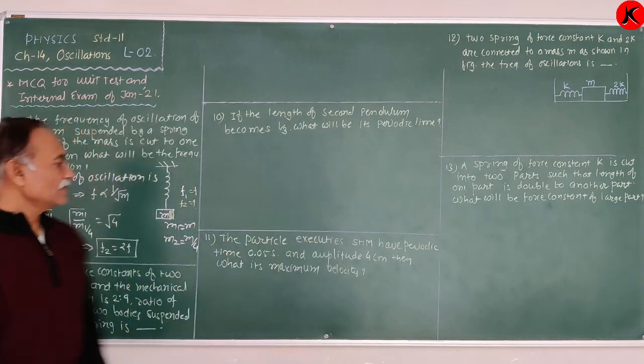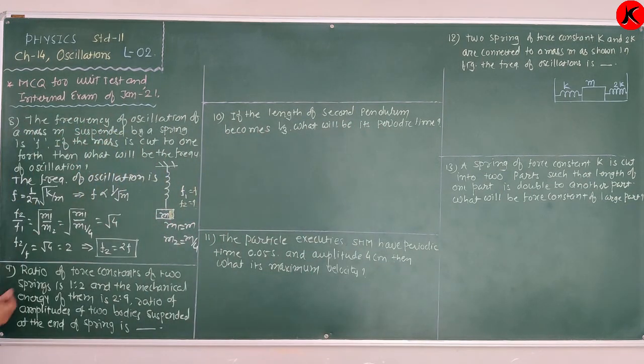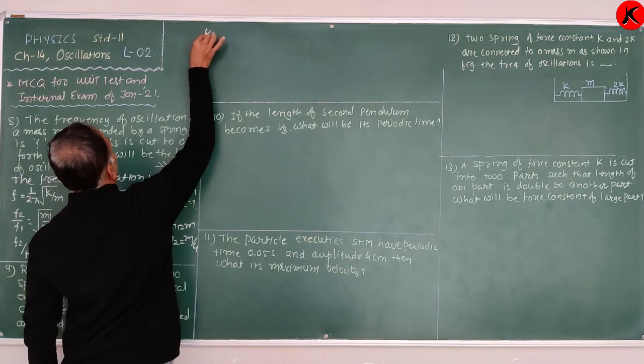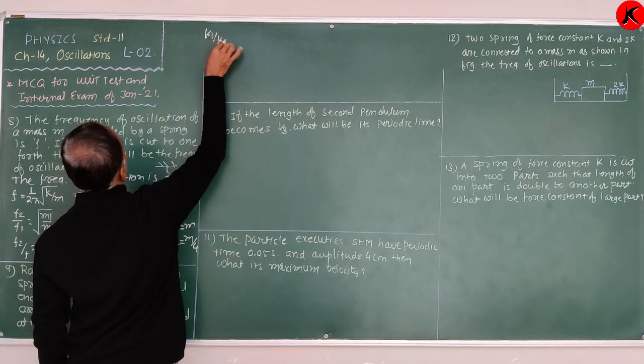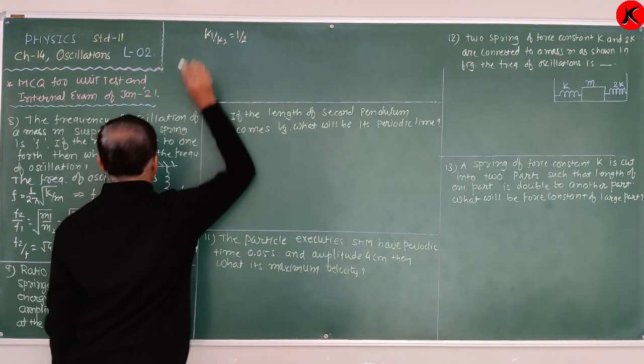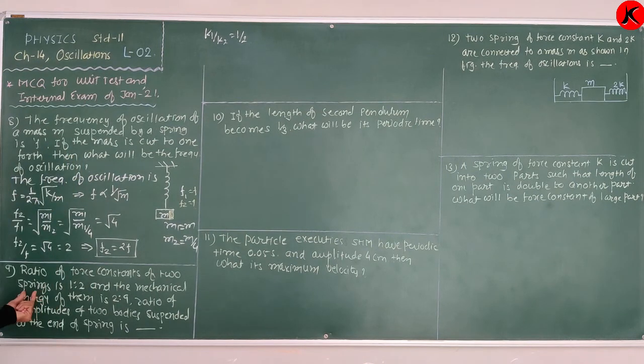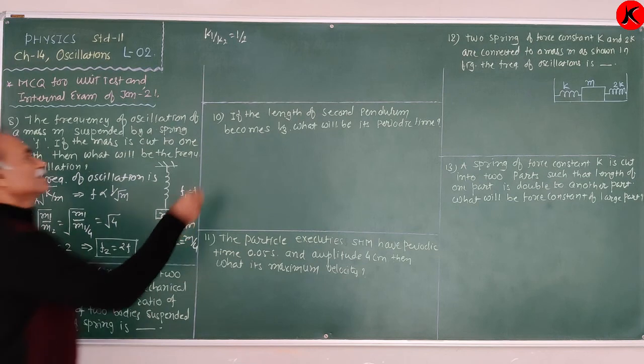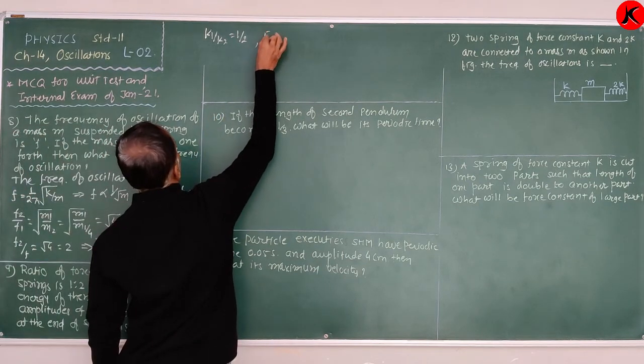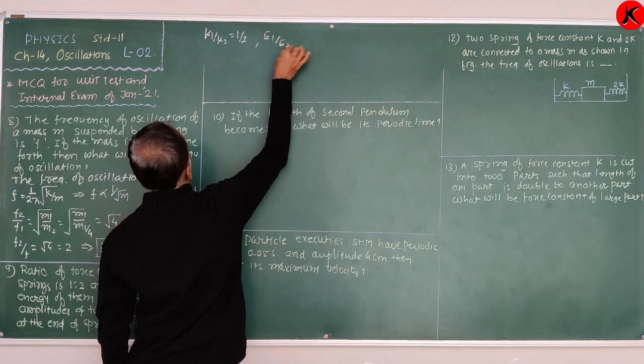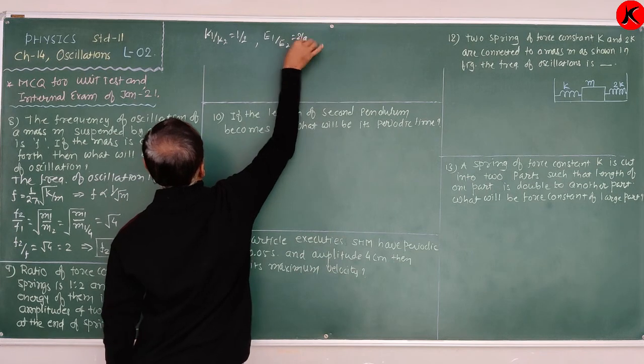Now the next numerical. The ratio of the force constants of the two springs is given as 1/2, therefore K1 upon K2 is equal to 1/2. And the ratio of the mechanical energies, E1 upon E2, is equal to 2/9.